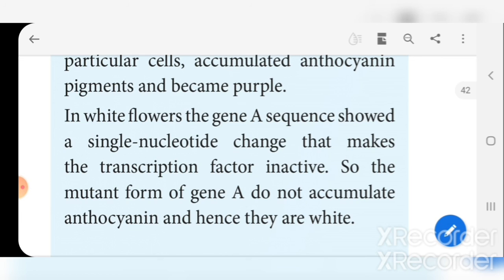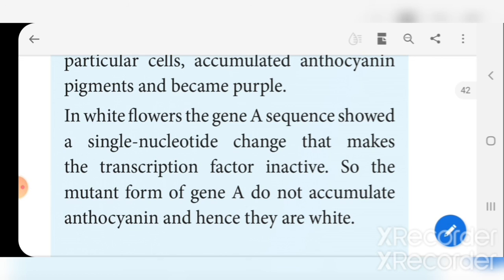Here, the mutant and mutation. The sudden heritable change in the genetic material is known as mutation. Mutation is a process.